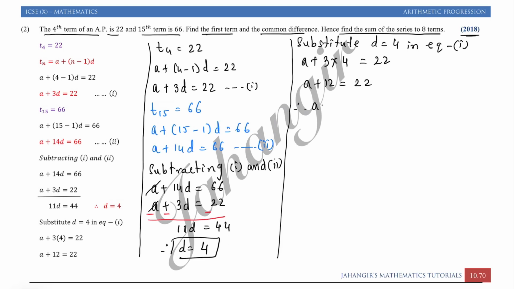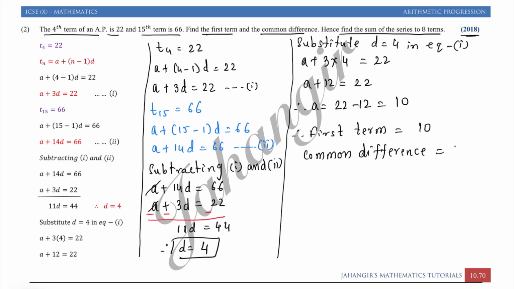So therefore A is equal to 22 minus 12, that is 10. We got A, the first term, as 10. Now in the question we have to mention what is the first term and what is the common difference. So I will write, therefore, first term is equal to 10, common difference that is 4.